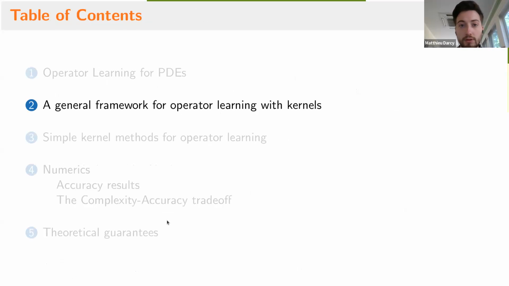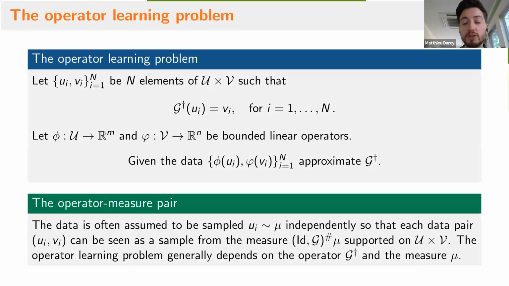Okay, so now that you have a general picture of what operator learning is and the challenges that come with it, I'm going to propose a general framework for operator learning with kernel methods. And this is going to be an alternative to the neural network-based approaches that have been researched previously.